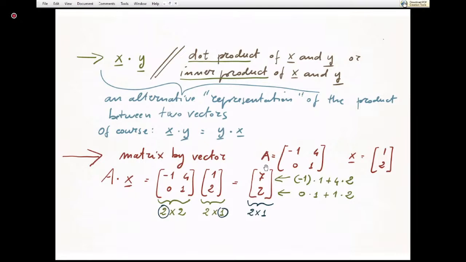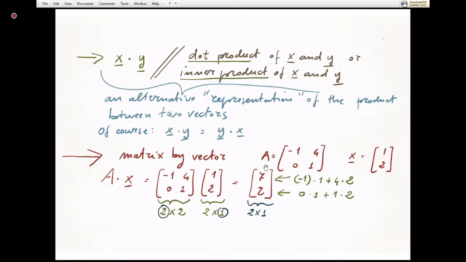Okay, so the property is general. You have A times X. The result is a vector. If you take the transpose of the result, this is the same result that you would obtain by multiplying X transpose times A transpose. This is another important property, because very often we have a model in which we have operations between matrices and vectors, and then we have to transpose it.